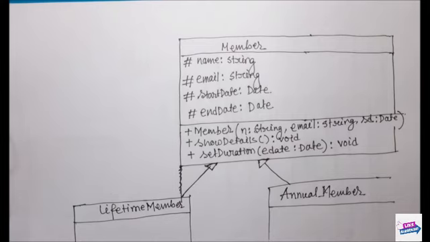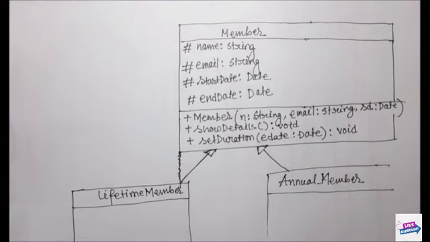Based on the duration we can understand whether a member is a lifetime member or an annual member. For example, if the end date is 60 years, then we can say it's a lifetime member. If the end date is 1 year, then I will tell you that it's an annual member.